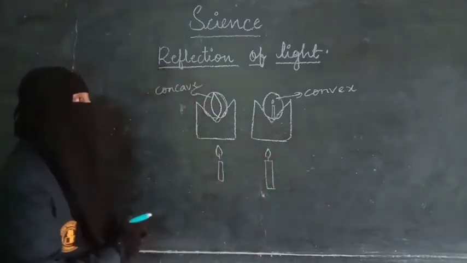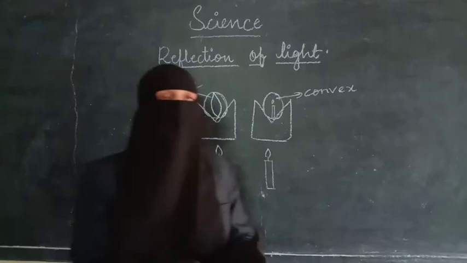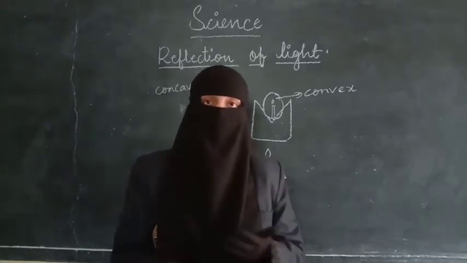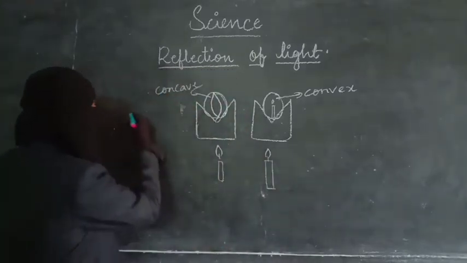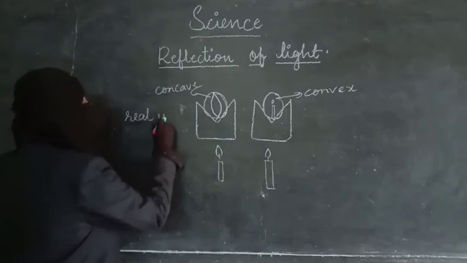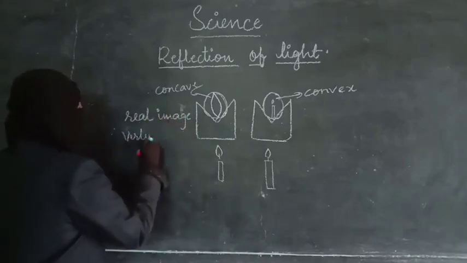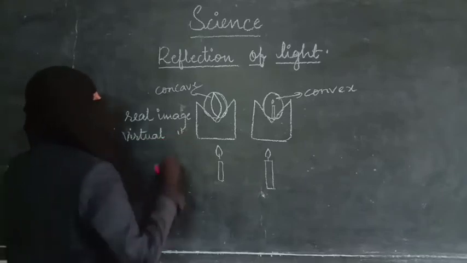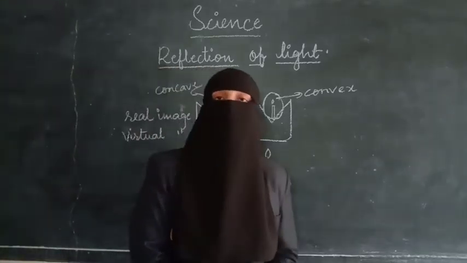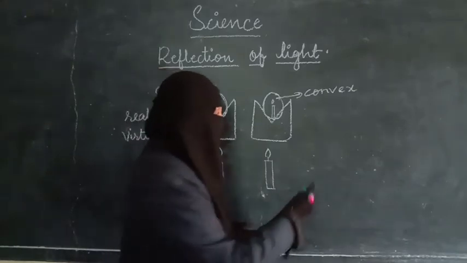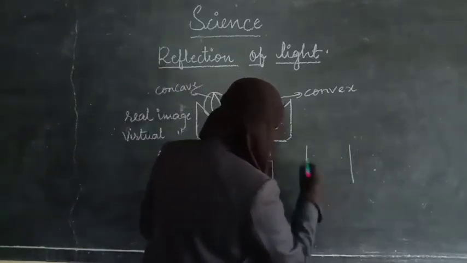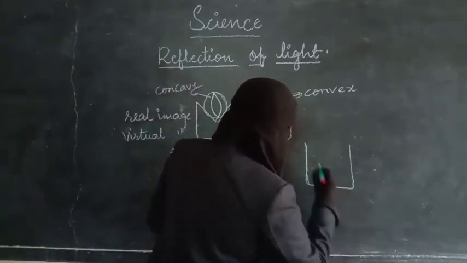So this was about the image, and not only this, there is one more type of image, that is called a real image and a virtual image. So what are real image and virtual image? To know this, you have to do the activity in a dark room. So we are going to have this V stand, and we are going to take these mirrors one by one.